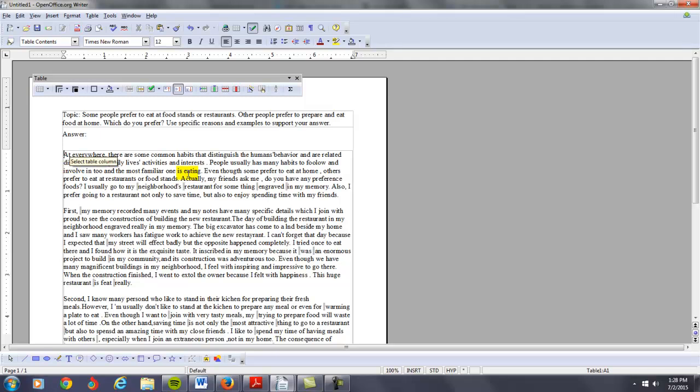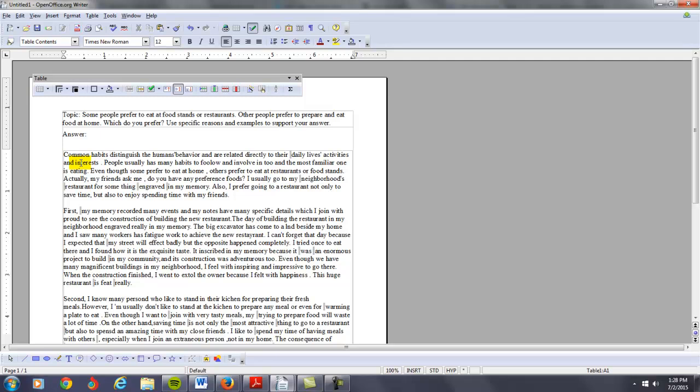So in the very first one, you say, at everywhere there are some common habits that distinguish a human's behavior and are related directly to their daily lives, activities, and interests. I think you're a little bit wordy here. I'm going to start off by saying this. Common habits, don't even need this. Distinguish, so this is called being more concise.